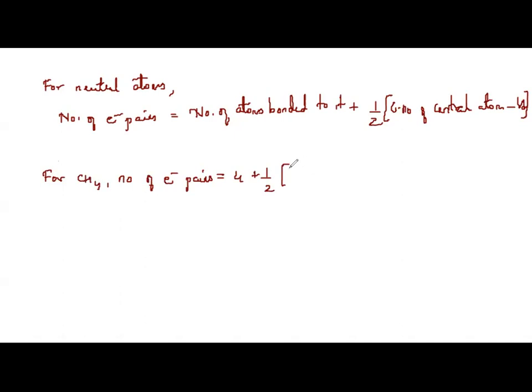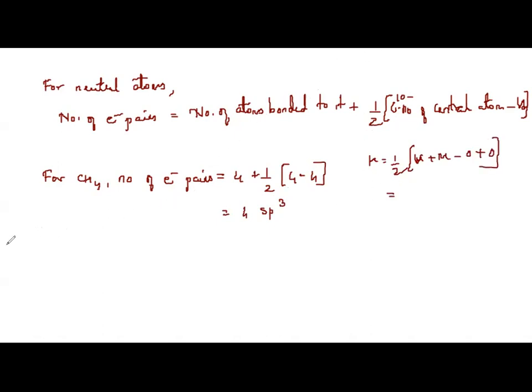The group number for carbon is 14, so 4 valence electrons, minus 4. So we get 4, and the hybridization is sp3. You can also do it directly with H = half of (V + M - 0 + 0). We get the same answer.